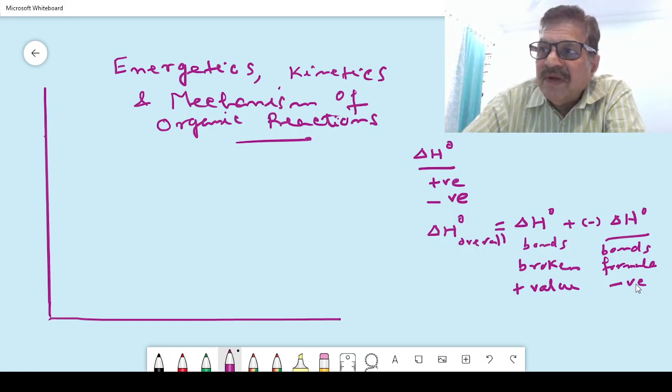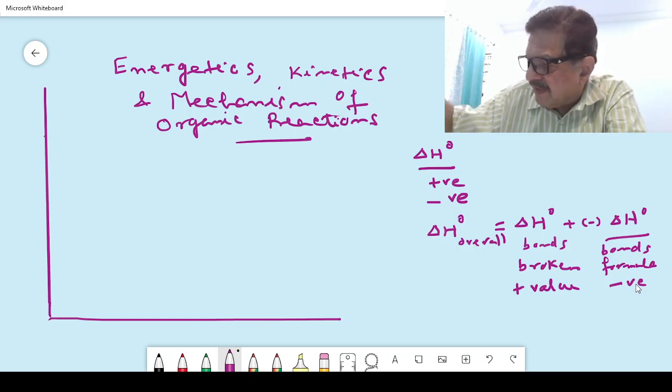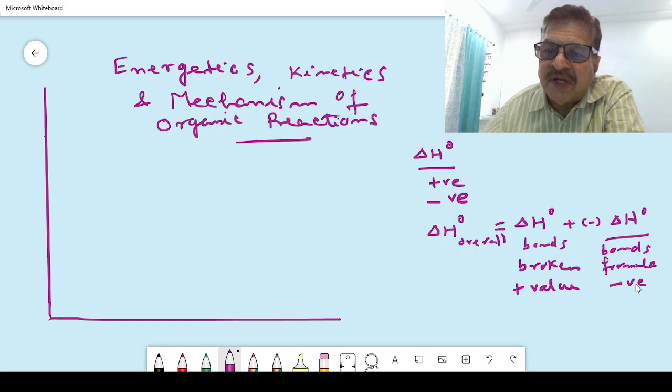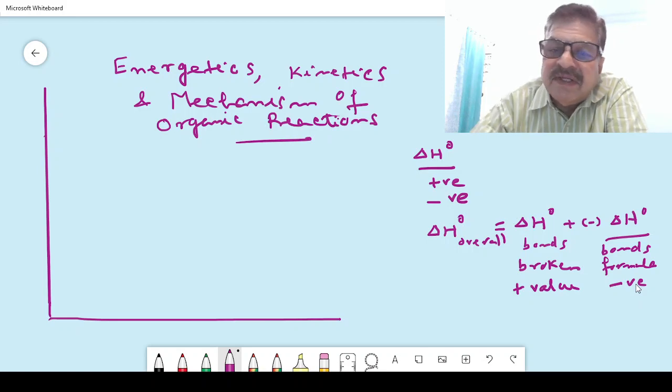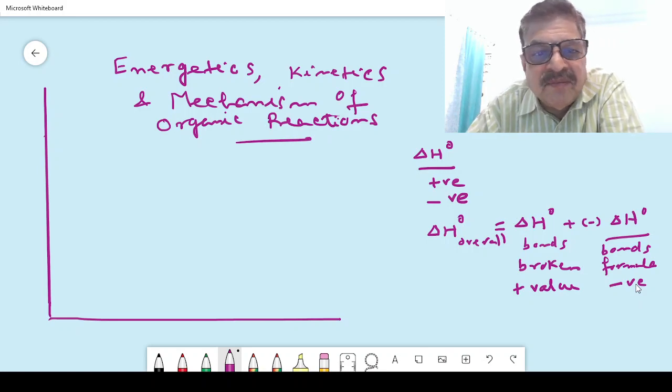Now we will be considering certain important aspects of thermodynamics, that is, energy diagrams. This energy diagram is a very important piece of information.